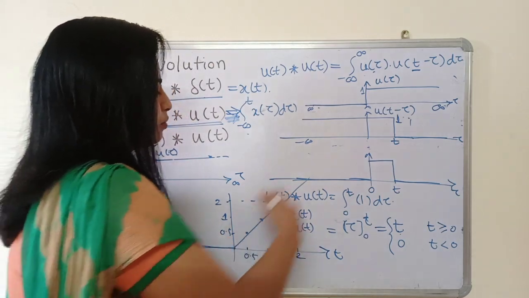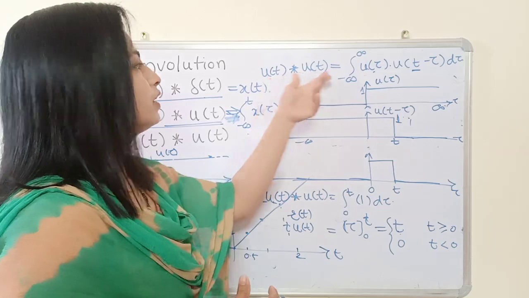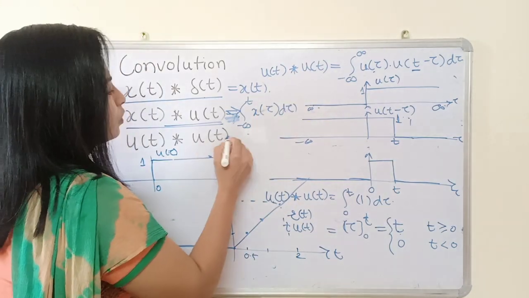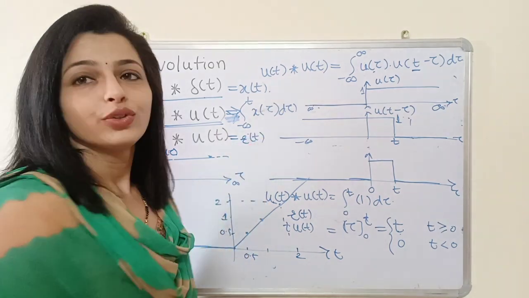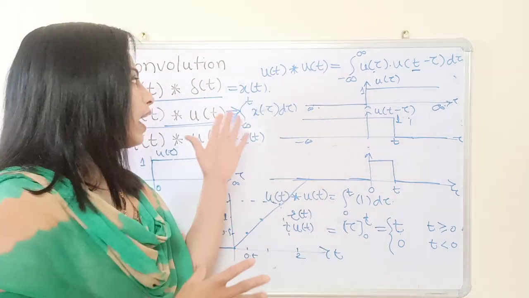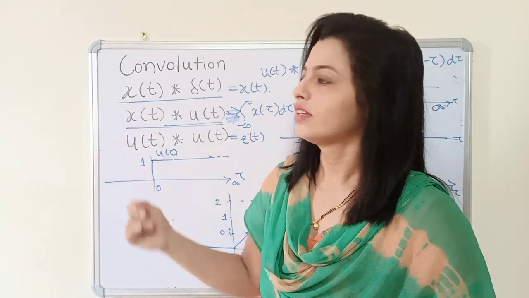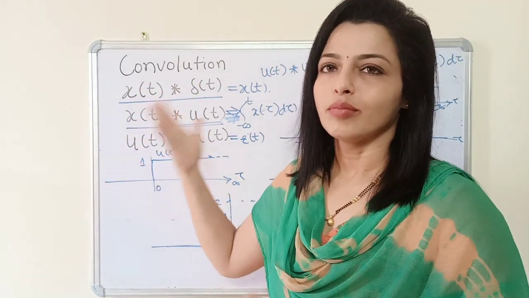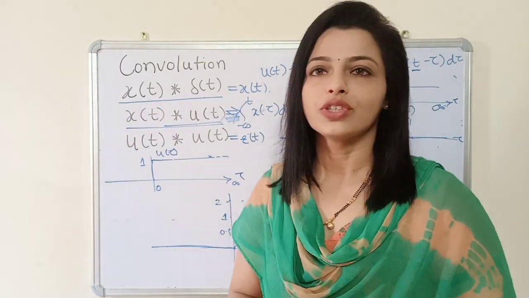So it is a ramp signal when we convolve u of t with itself. So u of t convolved with u of t is going to be r of t. It is very interesting to see these results, and we can use these results directly as a formula in the examples where we need to do this kind of convolution integral.